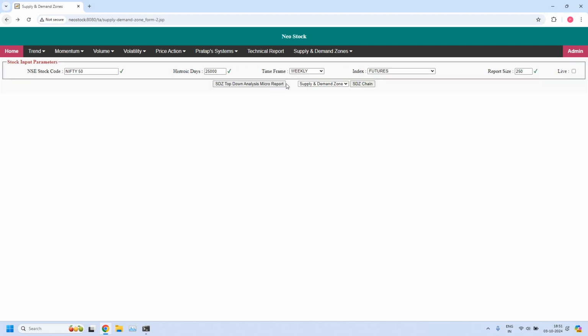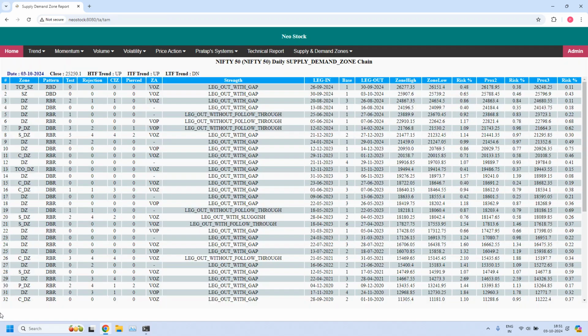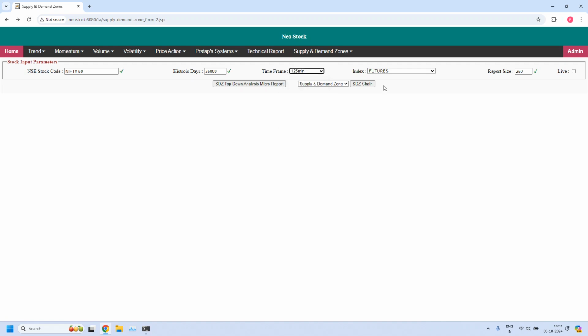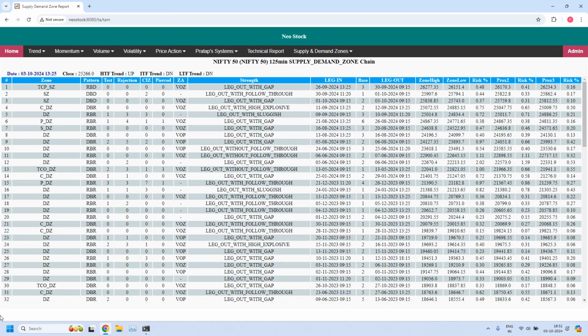Okay, the next time frame is daily, generating the daily supply demand zone chain for NIFTY. Next time frame is 125 minutes, generating the 125 minute supply demand zone chain for NIFTY.